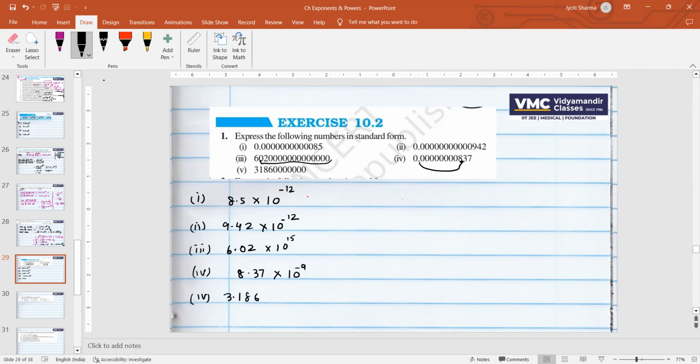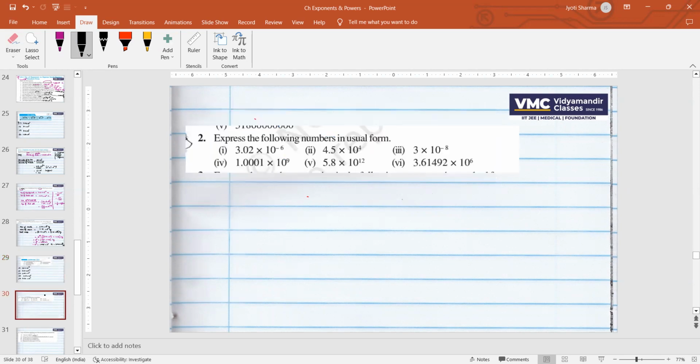3.186, 2, 4, 6, 8, and 10. So this will become 10 to the power 10. This is right in the usual form. 3.02 into 10 to the power minus 6.